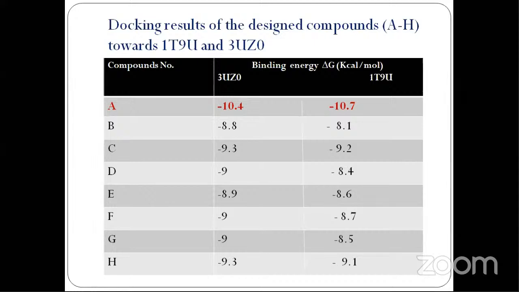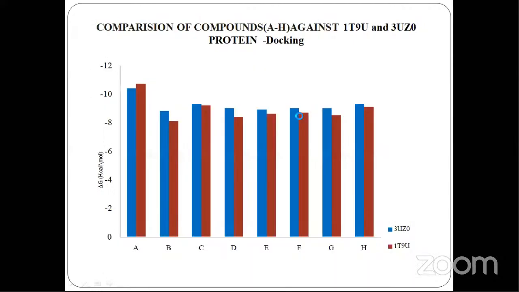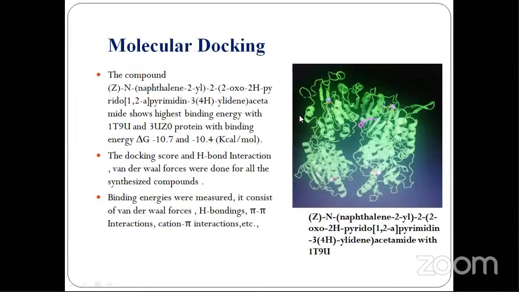Using these 2 particular proteins, compound A, that is the acid with the naphthylamine, shows higher binding energy, minus 10.4 and minus 10.7. So the naphthalene pyridopyrimidine ylidene acetic amide has the highest binding energy with these 2 proteins, minus 10.7 and minus 10.4.